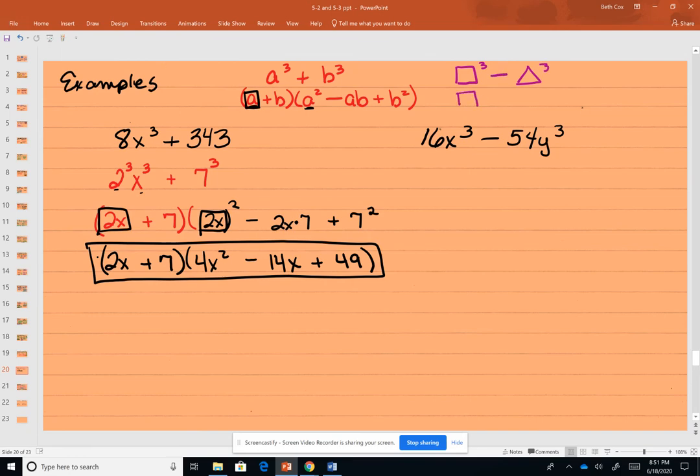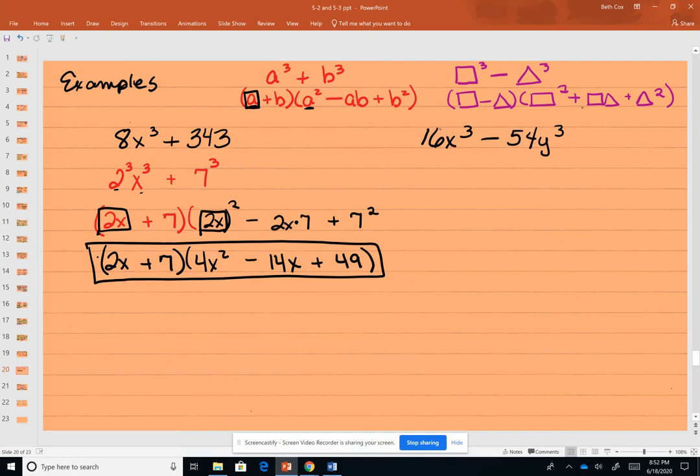So drop the little 3's: whatever's in the box raised to the second, multiply the box and the triangle together, and then whatever is in the triangle raised to the second. The reason we use box and triangle is just to say, hey, we've got two different things.